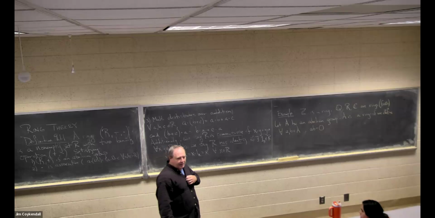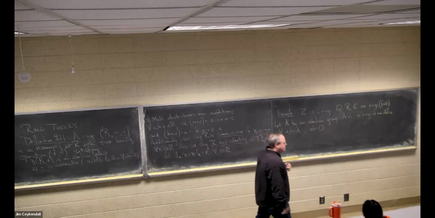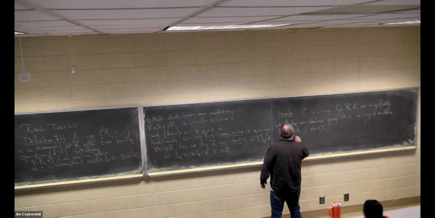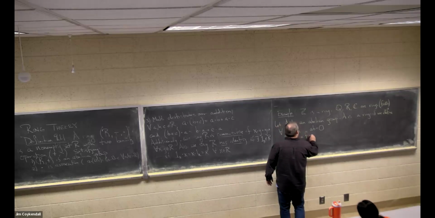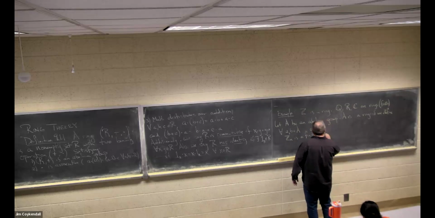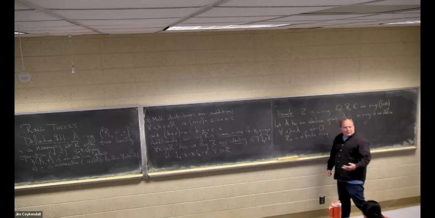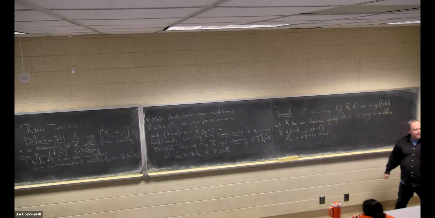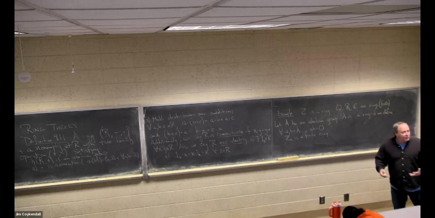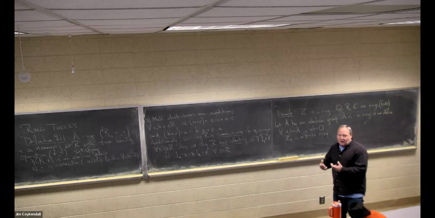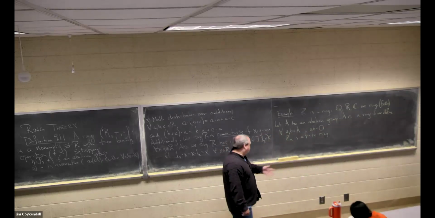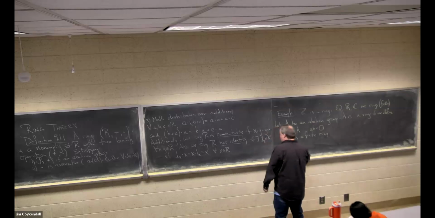Z mod n. We've seen quite a bit of it as a finite abelian group. Now, in the ring sense, the multiplication is also mod n, right? So that's a good example here.